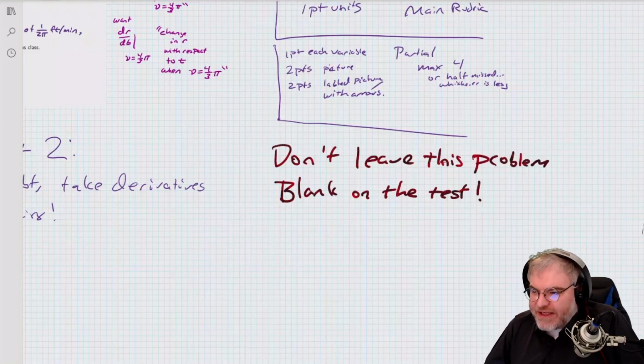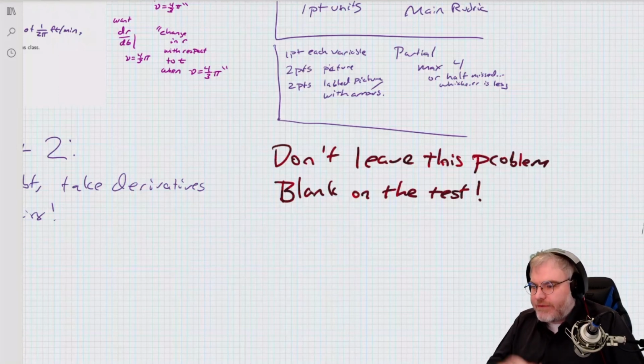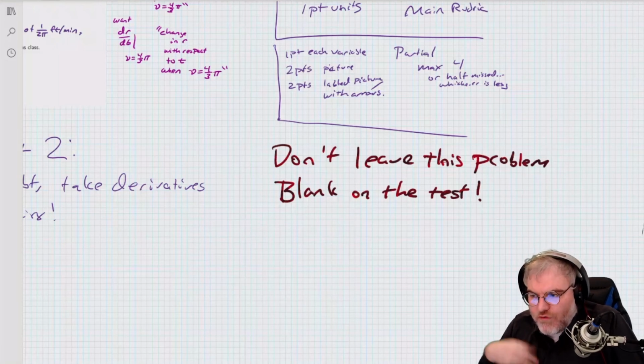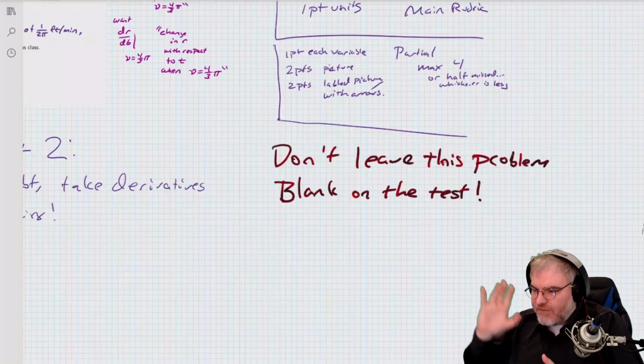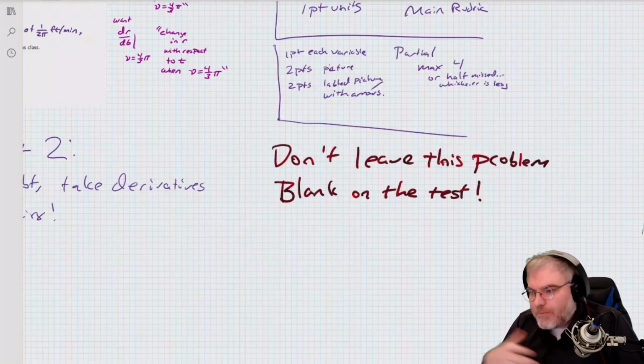If I could give you the evil professor stare and make you sit back down, you'd get over this intimidation about the problem. Just don't leave it blank. Whatever you do, don't leave it blank. Draw. Take a derivative of anything, right? You'll get points.